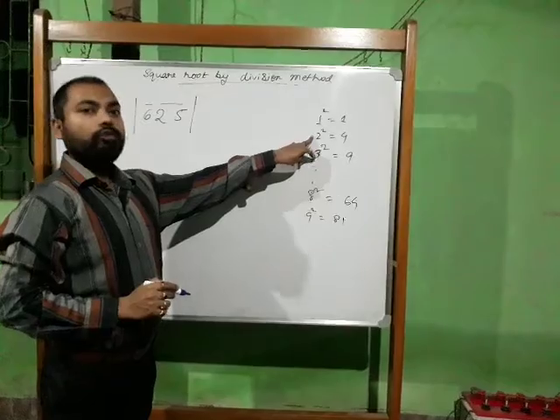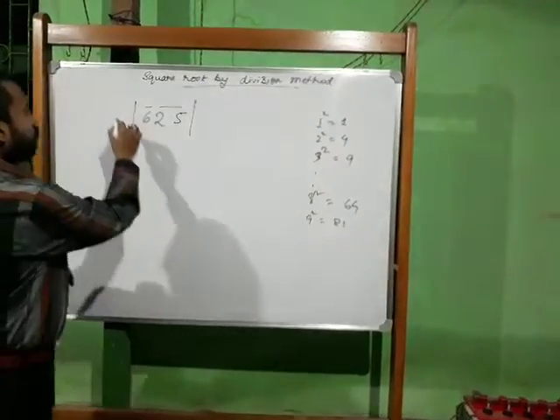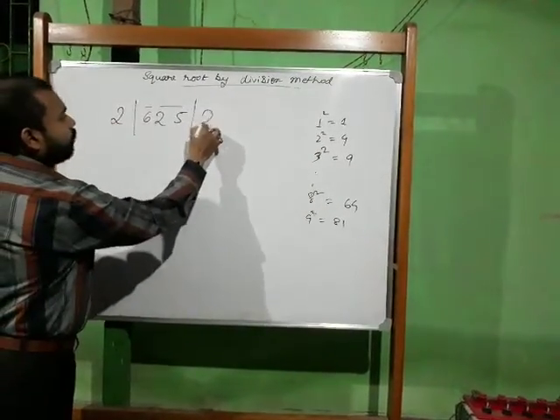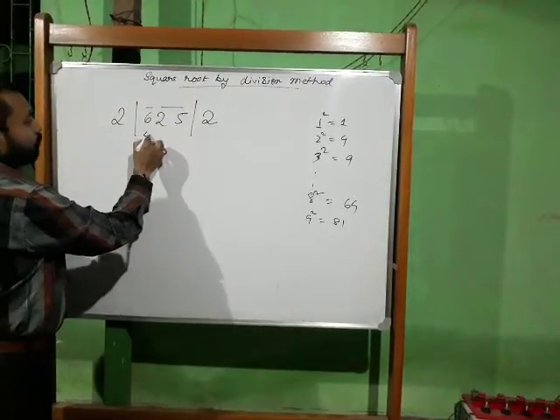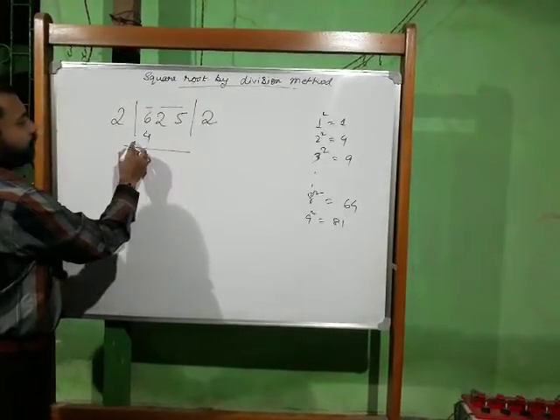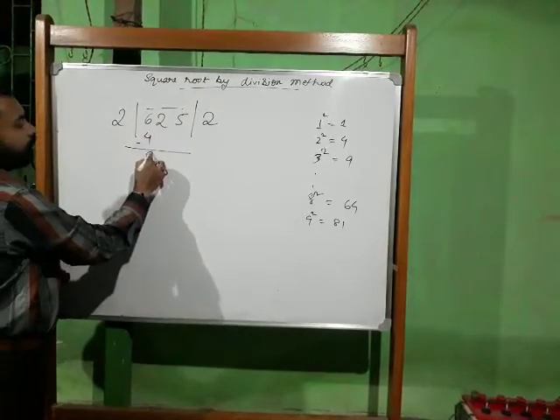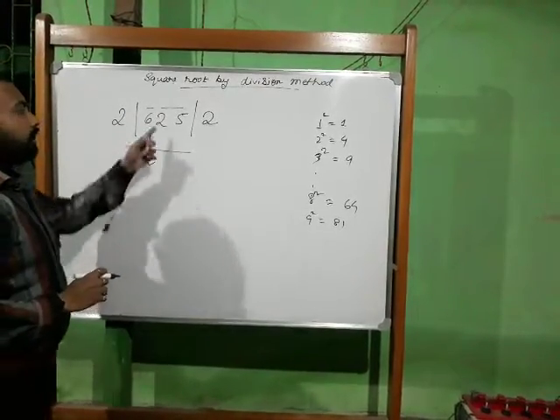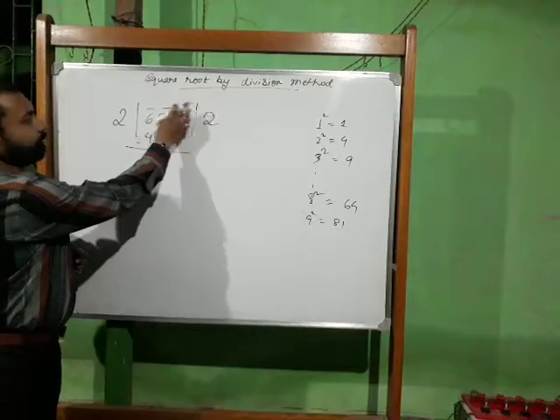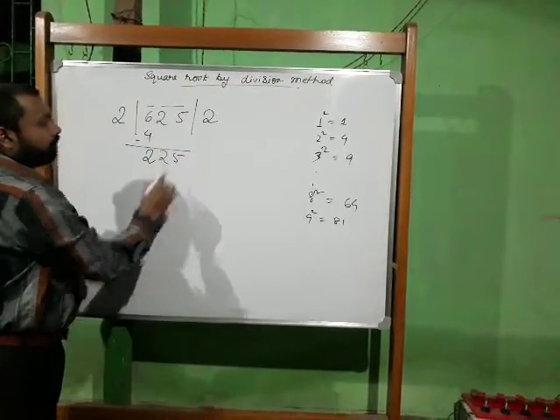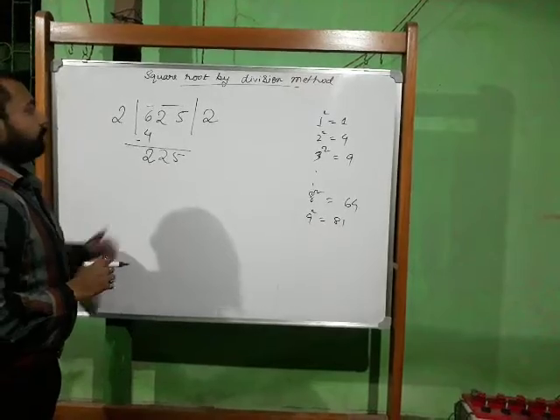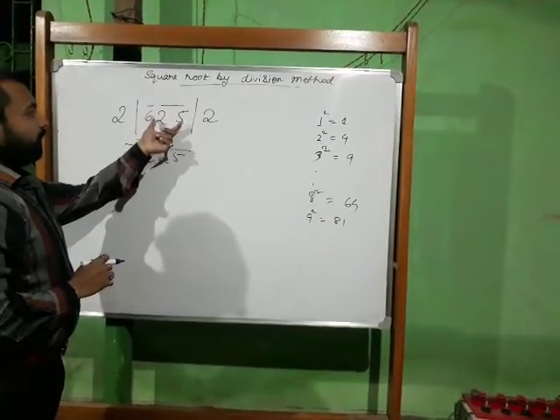That means we have to use 2 square, 2 into 2, so it is 4. We write 4 here. Now do the subtraction: 6 minus 4 is 2. Since 25 is a pair, we bring down this 25 together.